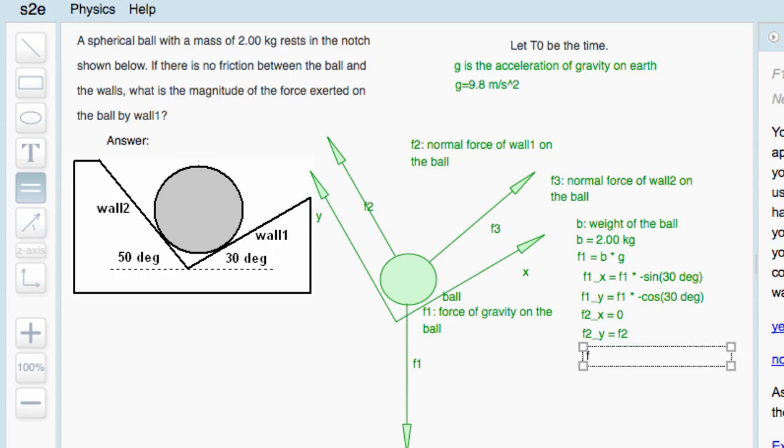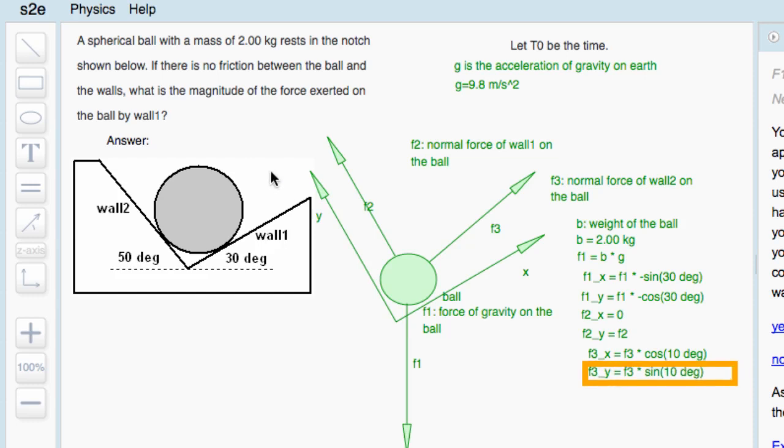F3 in the x direction equals, if you remember, it was 40 degrees and our axis is 30. So that means that we have to have F3 times, in the x direction, cosine of 10 degrees difference. And we do the equation again. F3y in the y direction equals F3 times sine of 10 degrees.